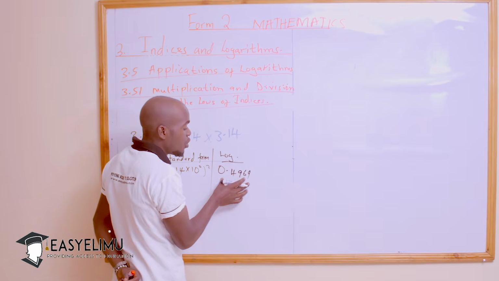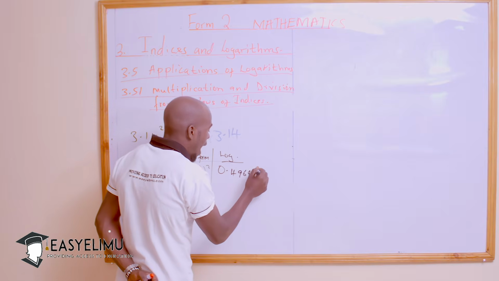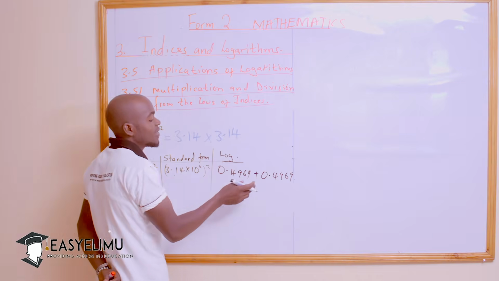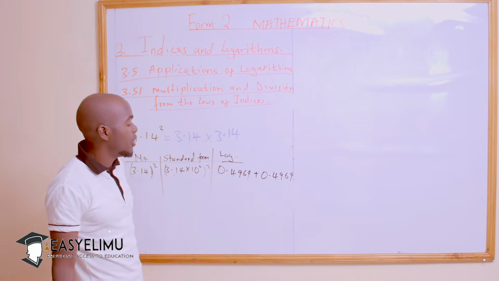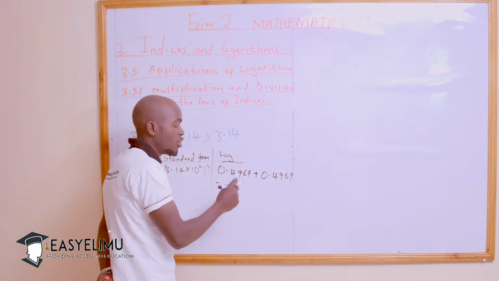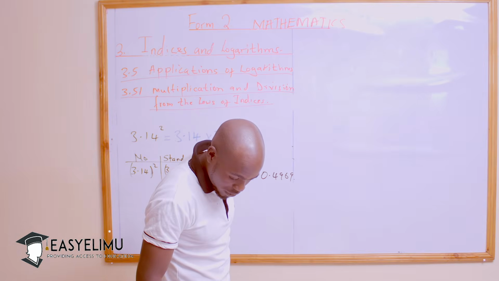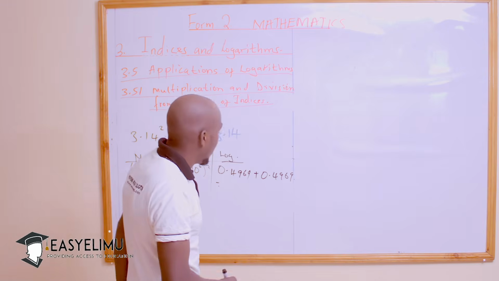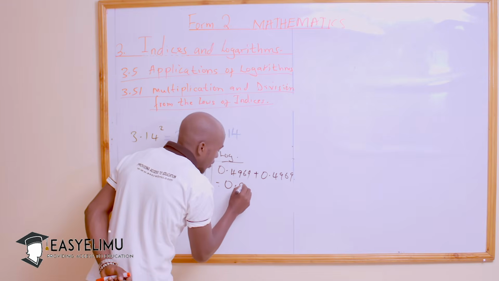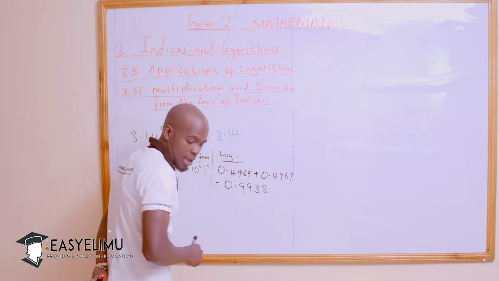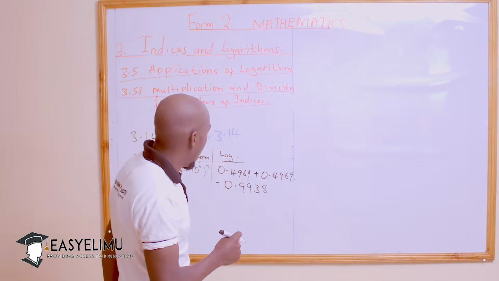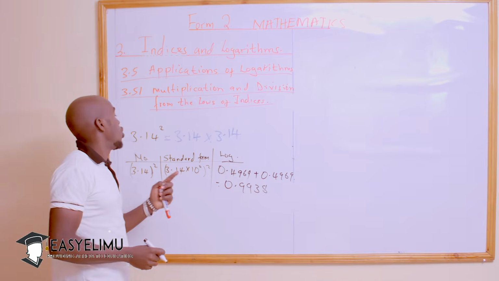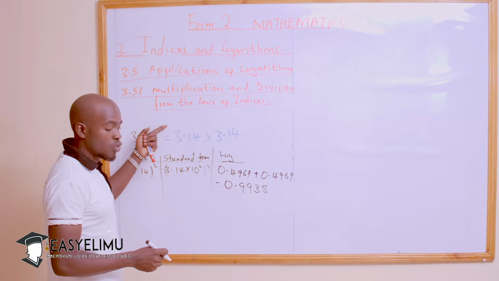So the logarithm we find, we just add another one, which is the same as taking this one multiplied by 2. And if you do that, you are going to have a value such as 0.93938 if you go on multiplying. That is what you will find as the logarithm of 3.14 squared.